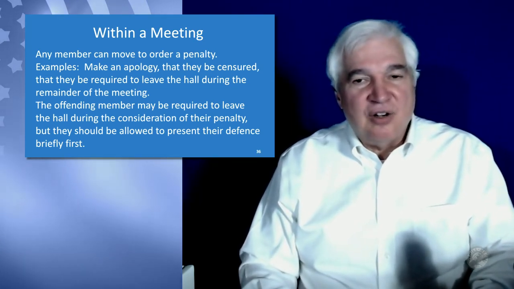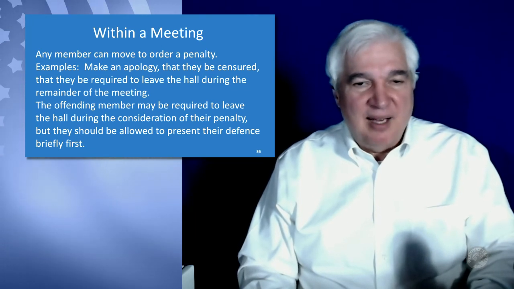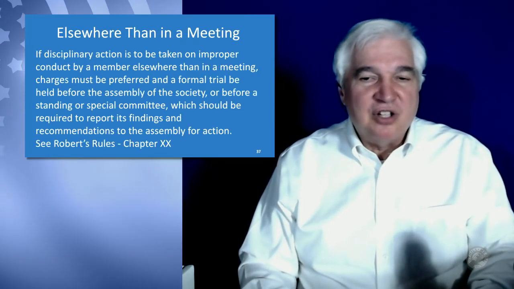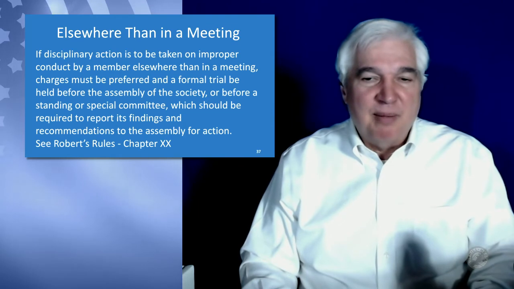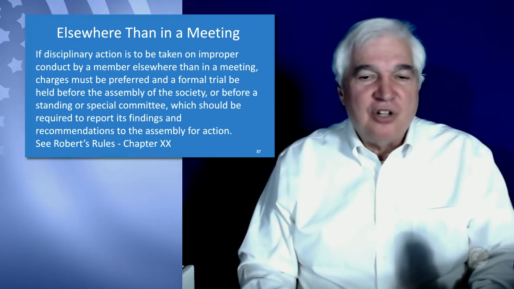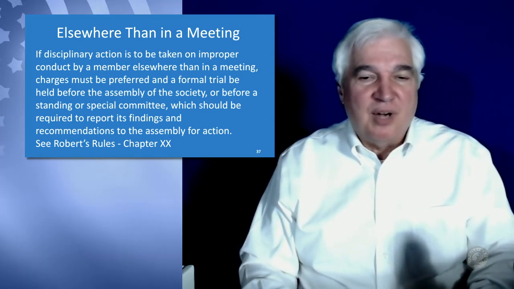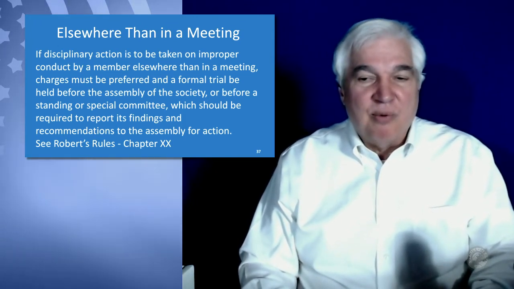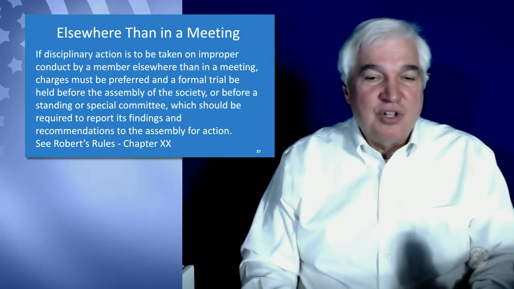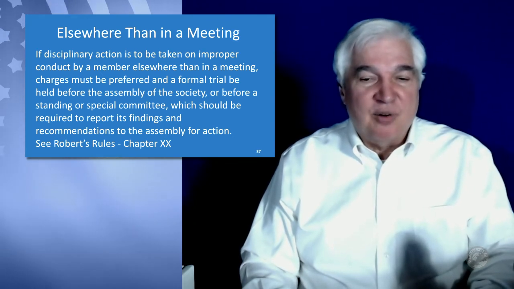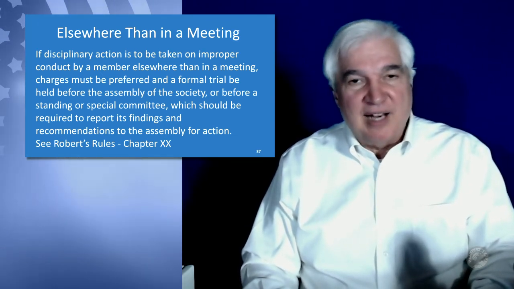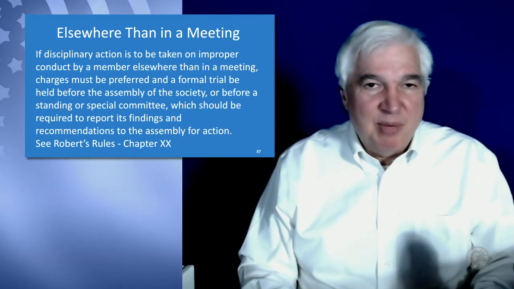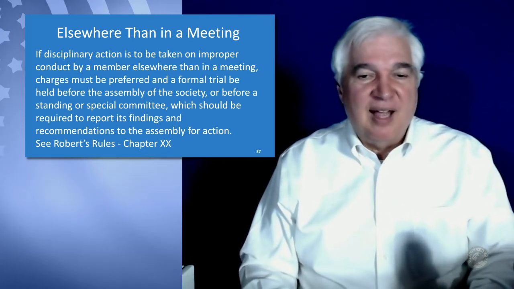It gets a little dicier if things happen other than in a meeting. If disciplinary action is to be taken on improper conduct by a member elsewhere than in a meeting, charges must be preferred and a formal trial be held before the assembly of the society or before a standing or special committee, which should be required to report its findings and recommendations to the assembly for action. So you might have a standing committee that would take care of this kind of activity.